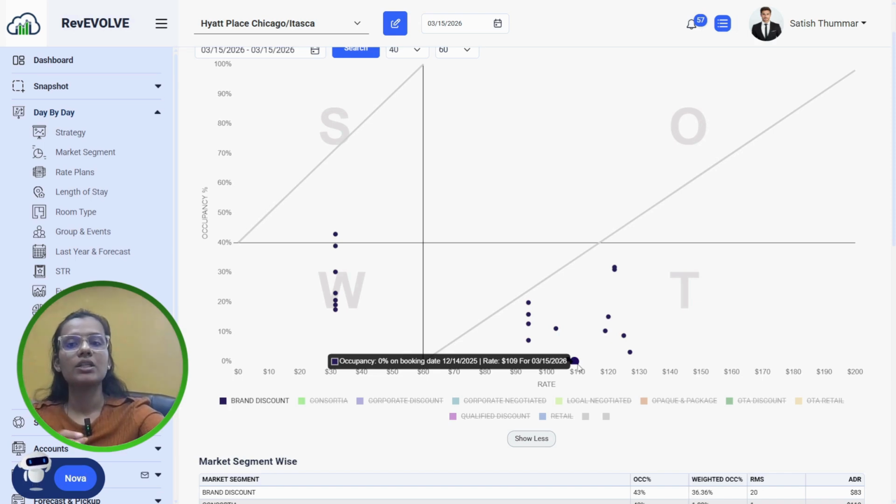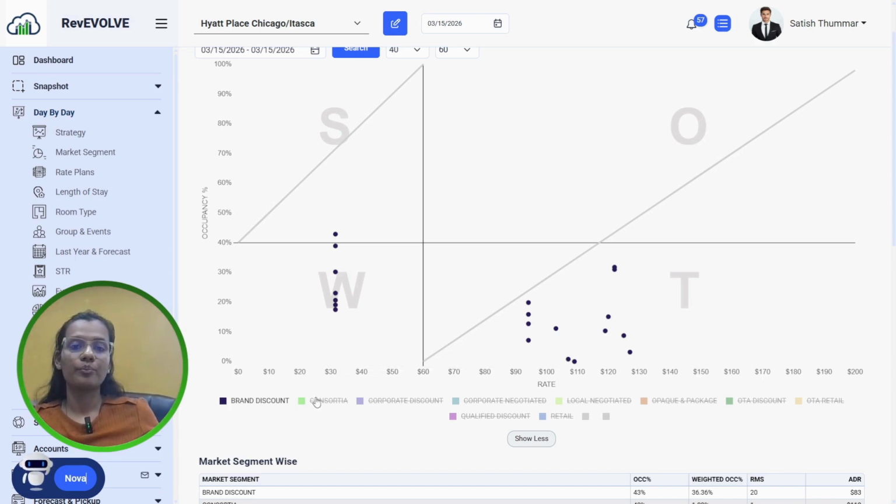Some segments are earning their rates, others are simply occupying space on your pricing ladder. And then there are segments that look harmless, low volume, low ADR, but quietly block better demand later.